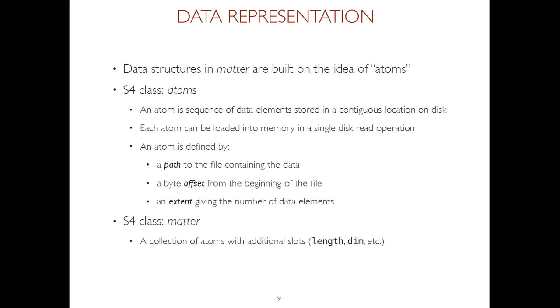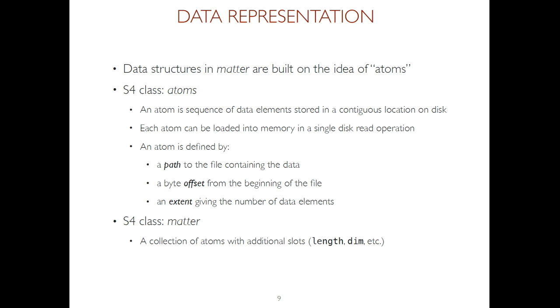So what exactly is the data representation that I'm talking about in terms of this being flexible to many file formats? Matter is based on this idea of atoms, where atoms are an S4 class in this package. An atom is a sequence of data elements stored in a contiguous location on disk, and it also has the property that it can be loaded into memory in a single disk read operation. Each atom is defined by a path to a file containing the data, a byte offset from the beginning of the file, and an extent giving the number of data elements for that particular atom.